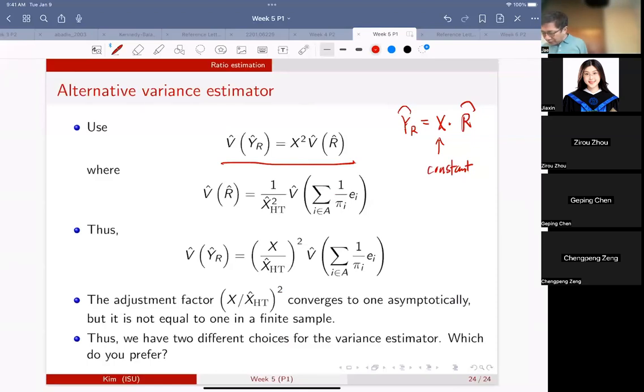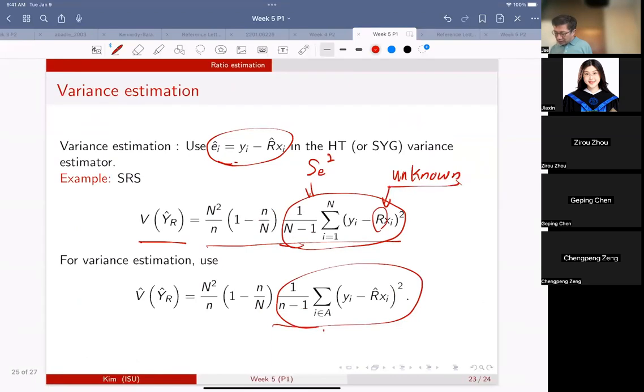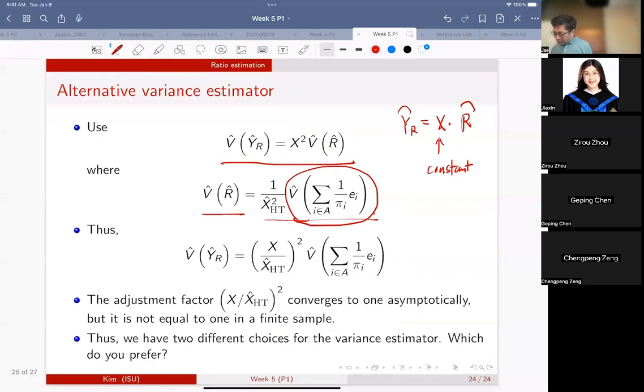So then this is your variance estimator of R hat. And then this guy is the same as before, right? This guy is exactly equal to this guy. So this is actually the variance hat of the Hurwitz-Thompson estimator. So that means you actually multiply this guy.